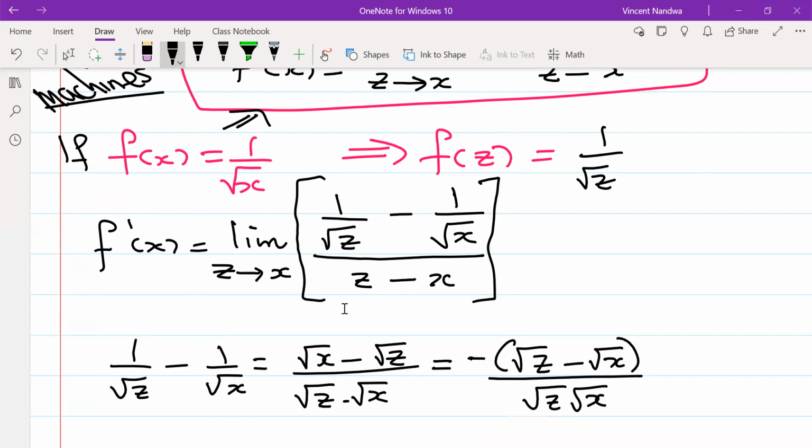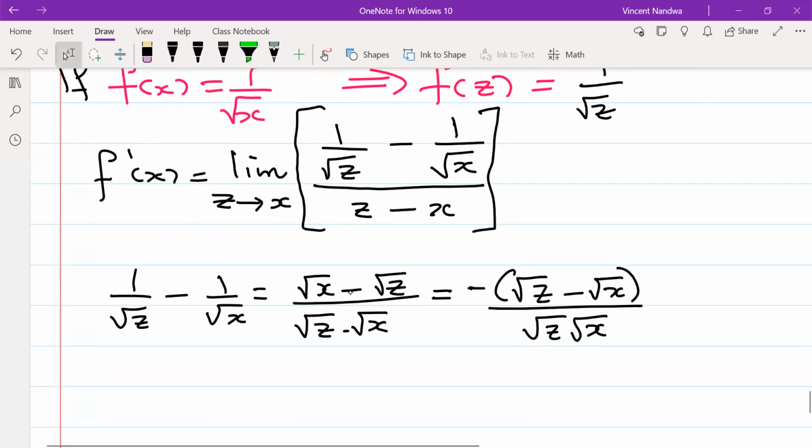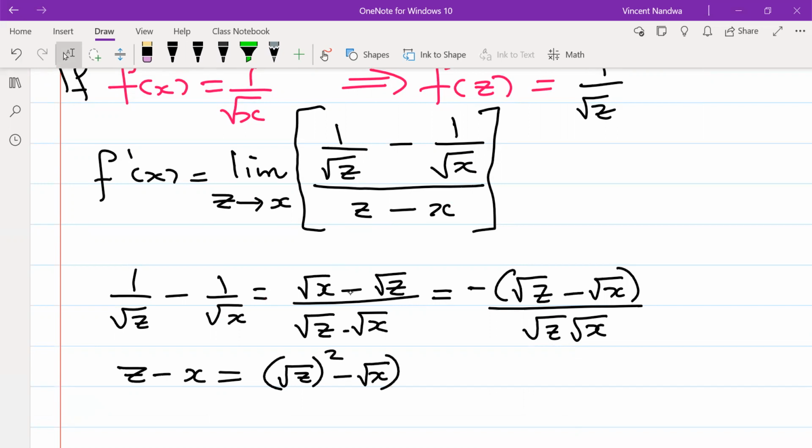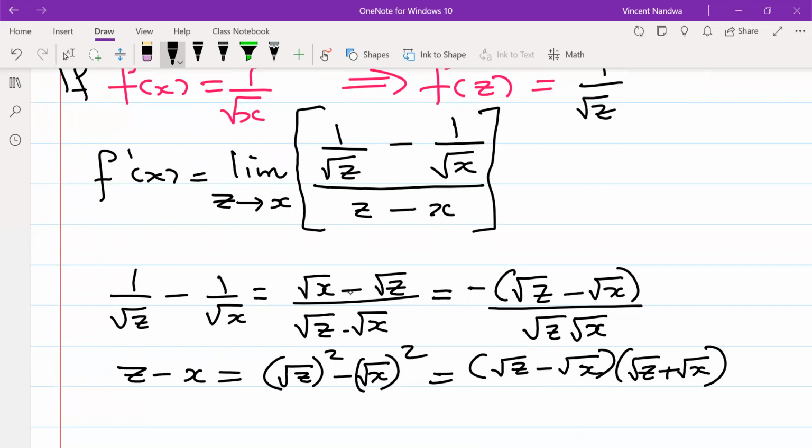Yeah. And then z minus x can be written as root z squared minus root x squared, which is the same as root z minus root x into... yeah, so difference of two squares.